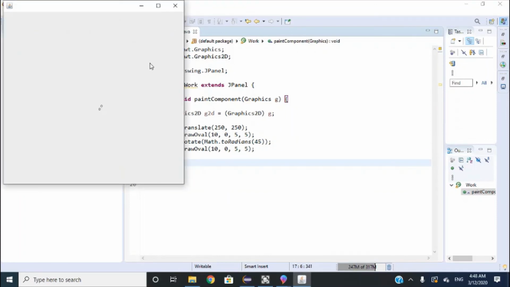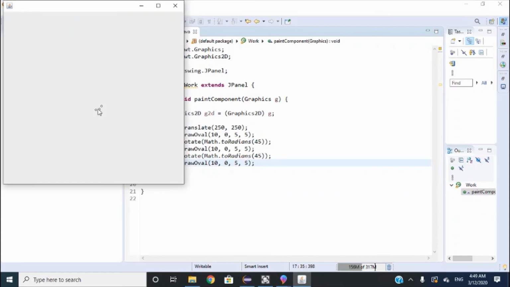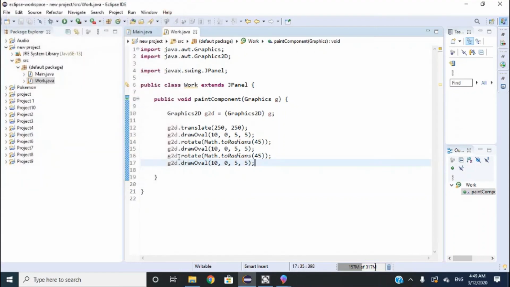See? Now let's rotate it again by 45 degrees and draw the oval again. Rotate it by 45 degrees more again. See? Do that again.